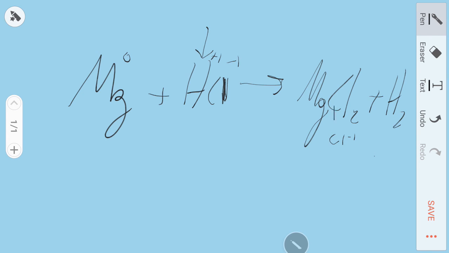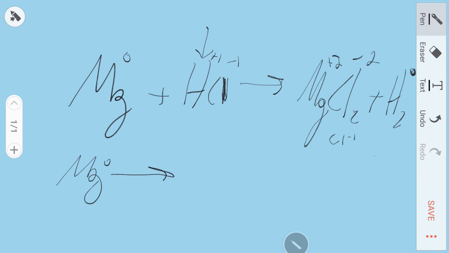So the oxidation number for chlorine is -1. Because I had 2 of them, the total is -2. Magnesium, I only have 1 of them. It's in group 2, so that has a +2 charge over here. And now hydrogen is a diatom, so it has a charge of 0.